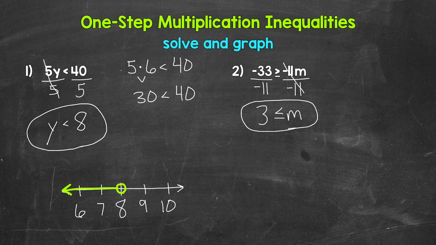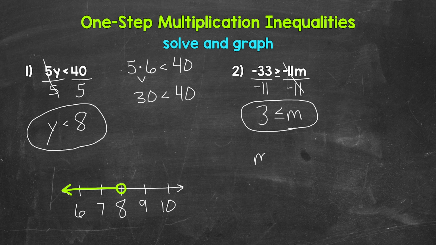Now, as far as our answer, we have m is greater than or equal to 3. So m can be anything greater than or equal to 3. Now we can rewrite this inequality with the variable coming first. This can make an inequality easier to work with. All we need to do is write the variable first, then make sure the symbol is going the correct way.